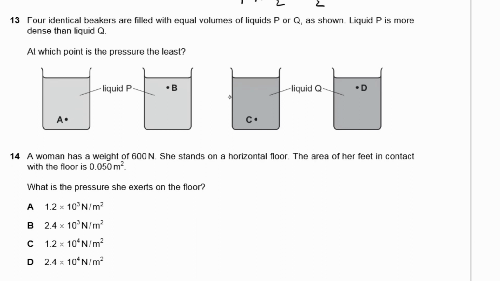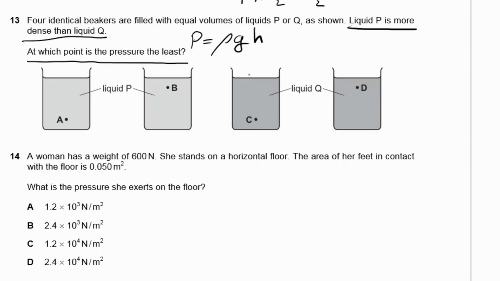Question 13. 4 identical beakers are filled with equal volumes of liquids, P or Q, as shown. Liquid P is more dense than liquid Q. At which point is the pressure the least? Well, pressure in a liquid is given by density times gravity times height.